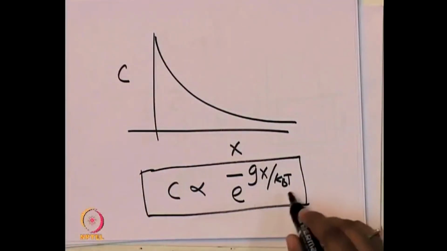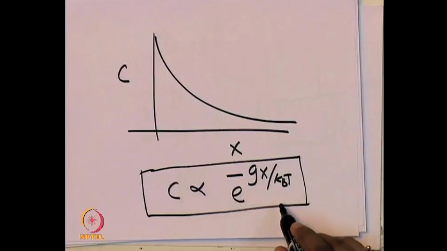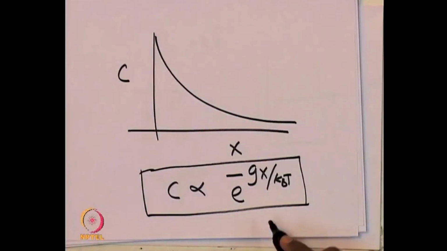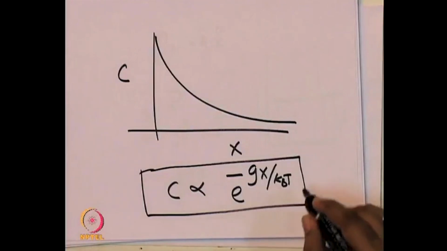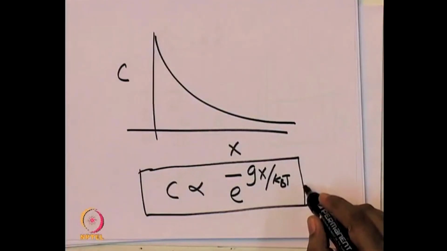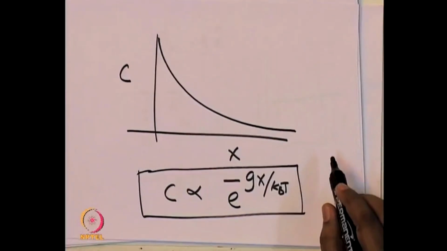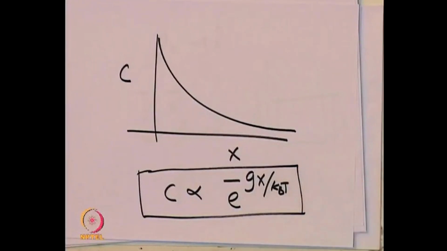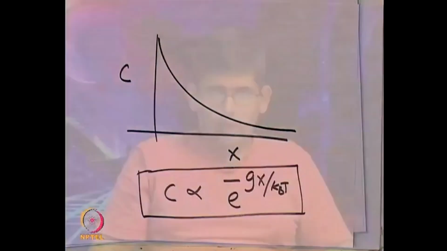This is the one ingredient that we need to know, that the concentration will exponentially decrease as we go up from the bottom. How do we get this relation? That we will discuss later, but for the moment just take this relation for granted, which is intuitively clear, that the concentration will decrease as we go along x, and knowing this we will derive Einstein's relation.